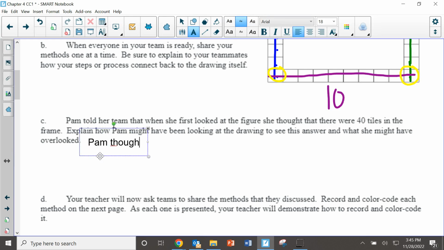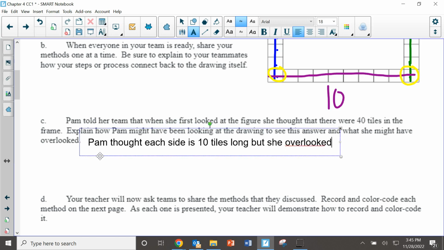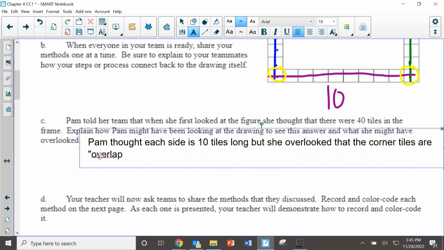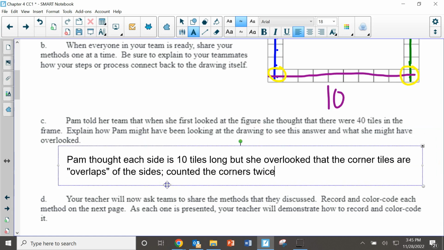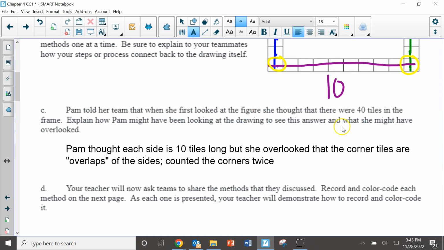Pam thought each side is 10 tiles long, but she overlooked that the corner tiles are, we'll call them overlaps of the sides. So she counted the corners twice. That is the mistake that she made with the logic that she had.